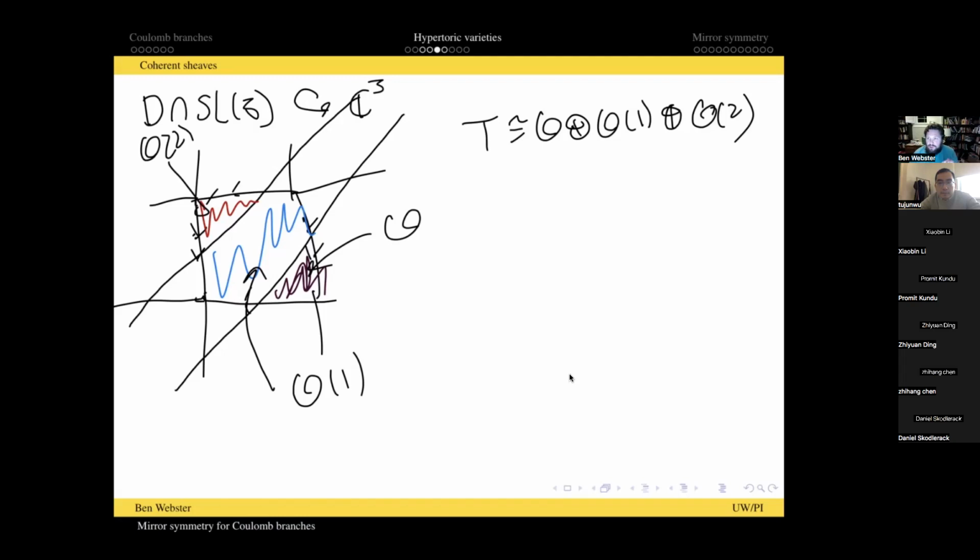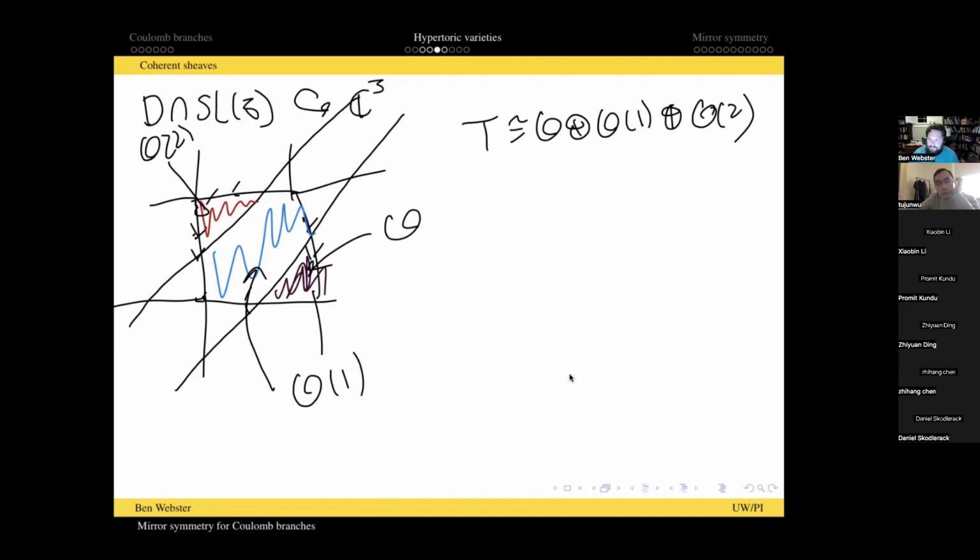Being supported on C2 is like being finite dimensional and, well, not quite graded, but gradable after taking the associated graded. So it corresponds to being killed by things of high enough degree.